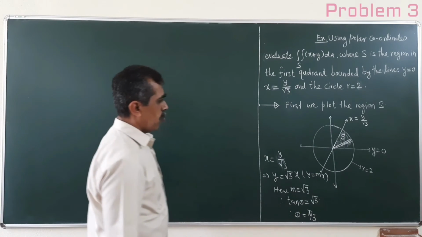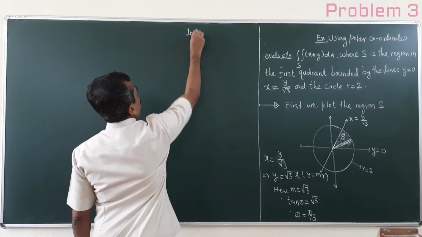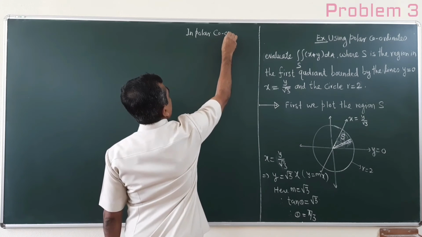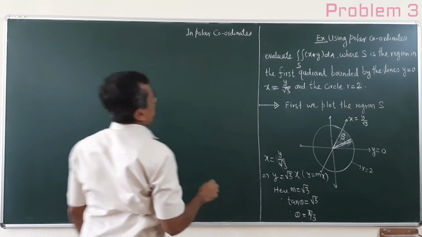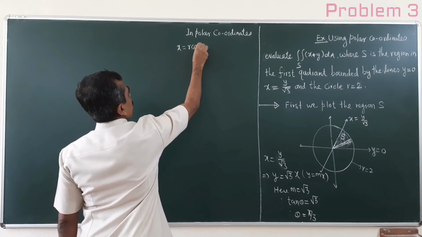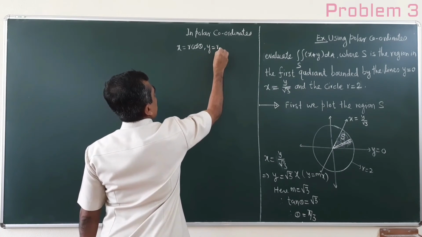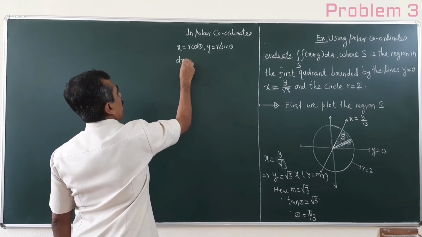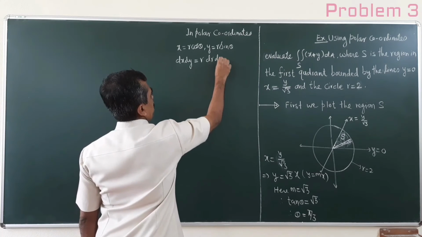So let us now go to polar coordinates. As usual, in polar coordinates, x is r cos theta, y is r sin theta. Then the area element dx dy is r dr d theta.